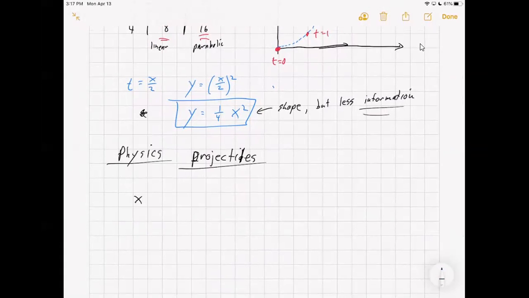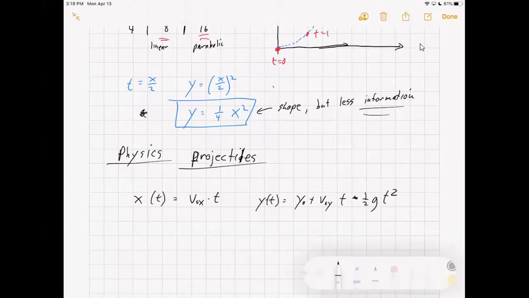If you have projectiles, you have that x of t is equal to v naught x times t, and you have that y of t is equal to y naught plus v naught y times t minus 1/2 g t squared. So this, in fact, is a pair of parametric equations. And like the example I just gave you, this is linear in the x direction, and this is quadratic or parabolic in the y direction.